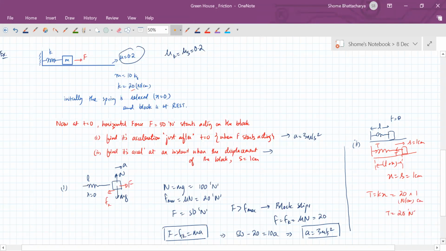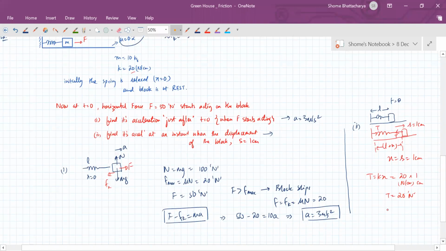Okay. So when we make the free body diagram, there's one additional force. There is the spring force, which is 20 newtons, along with kinetic friction, which is also 20 newtons, and the external force F, which is continuously 50 newtons, and the rest of the things are not changing at all.